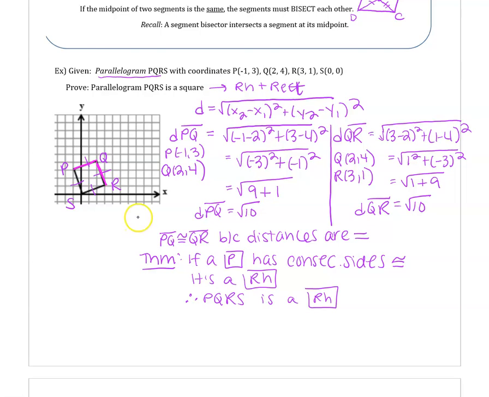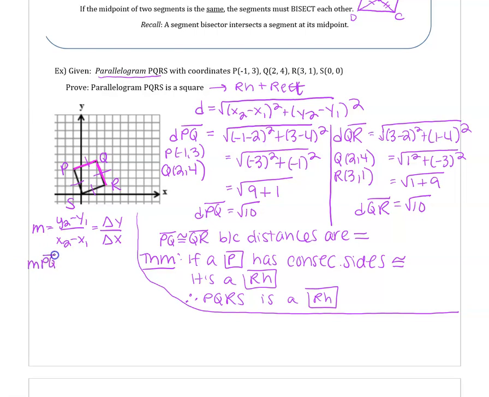So I'm actually going to do this off to the side. Kind of box that off here. I'm going to use my slope formula. So slope is y2 minus y1 over x2 minus x1, or change in y over change in x. So let's just use the same two sides. Let's see if I can prove that angle Q is a right angle. So the slope of PQ.